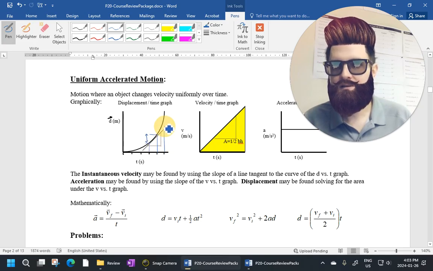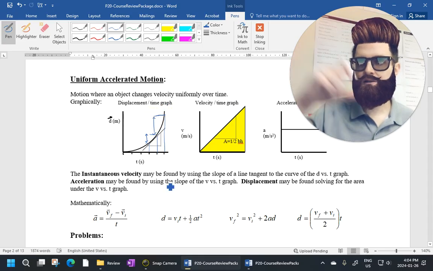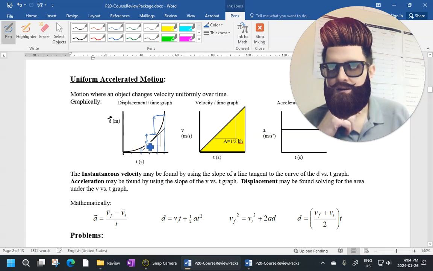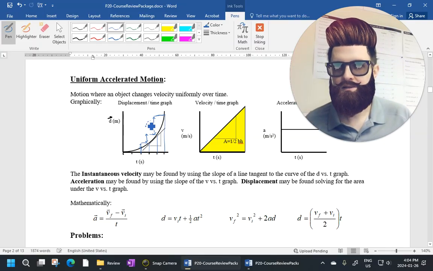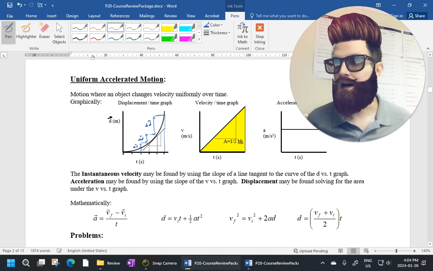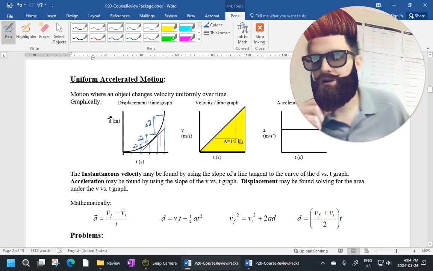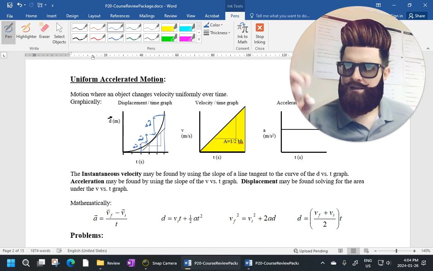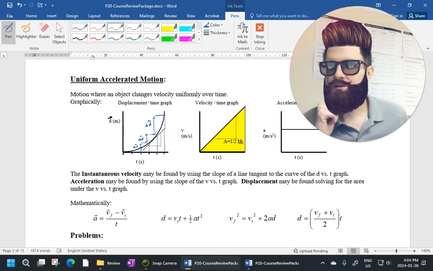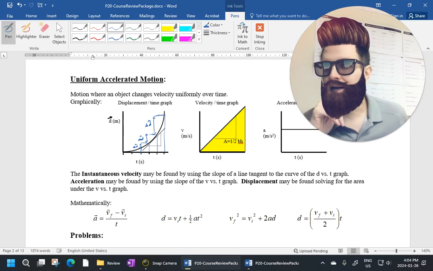And in the next 1 second interval, you can see that the distance I traveled was further. It's changing, right? Or in this 1 second interval right here, that distance there is smaller, right? So my distance I'm traveling, that displacement, is changing over time, right? Like it's changing to larger and larger numbers, or getting smaller and smaller depending on which way you're accelerating. It's not a consistent number. So you get this kind of curved graph here.